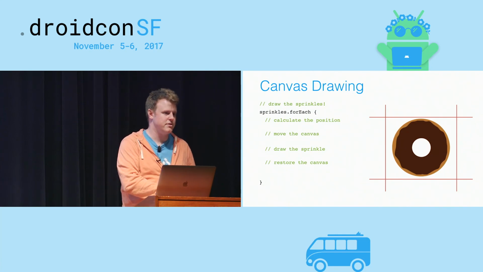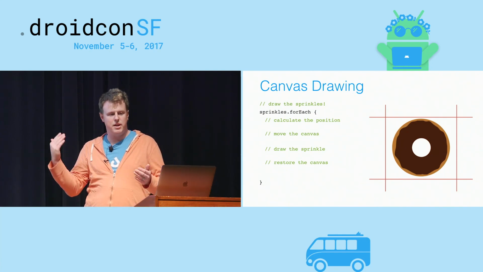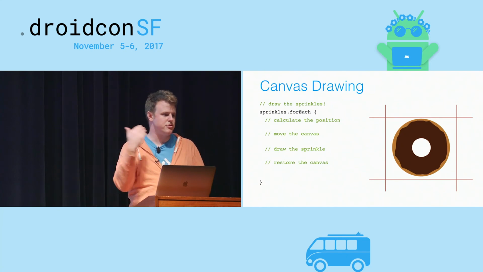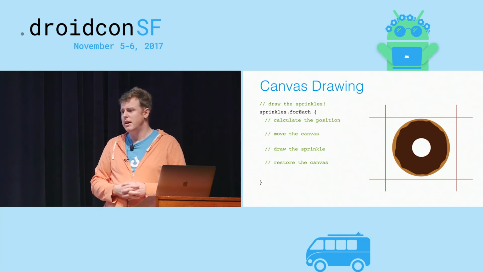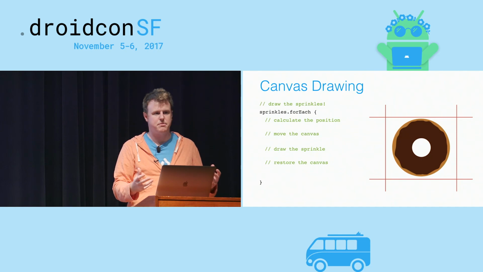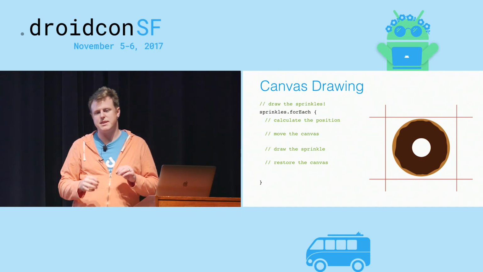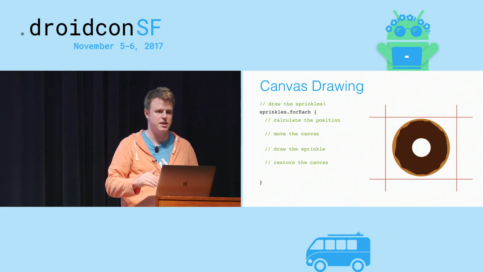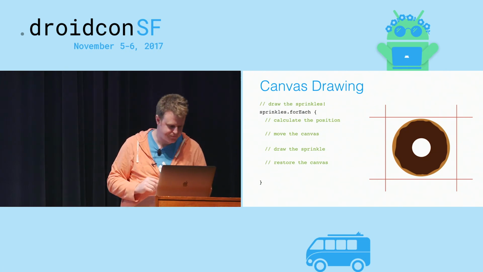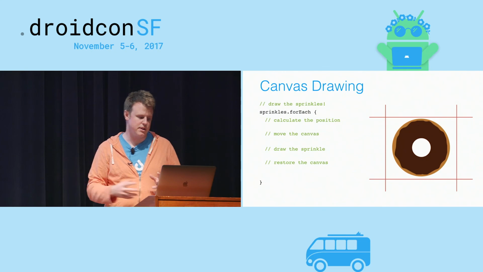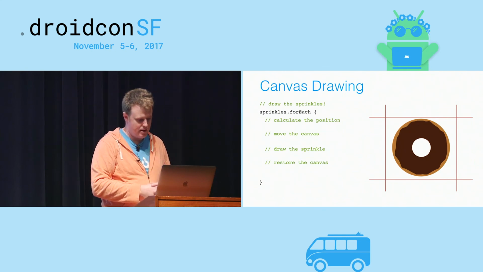Now, if I clipped that canvas and I don't restore its state, when the container view tries to draw another view on top of it, it still has that clip or that transformation or whatever it might be, right? Since we don't own this canvas, we need to make sure that when we're done with it, it's in the same state as when we started. So that's why we're restoring the canvas after all of this.